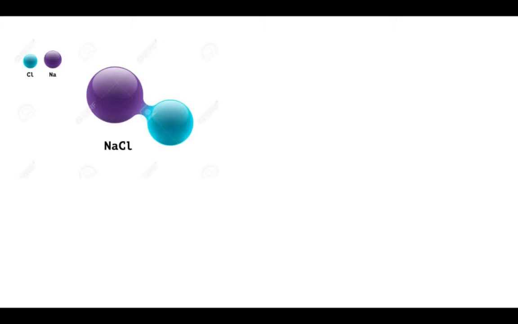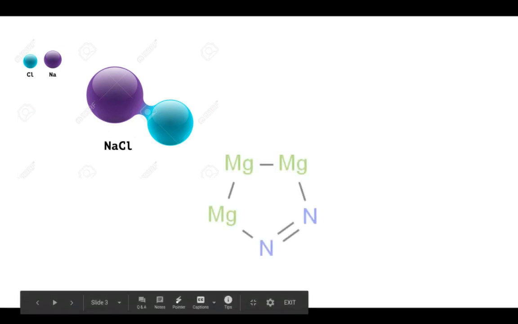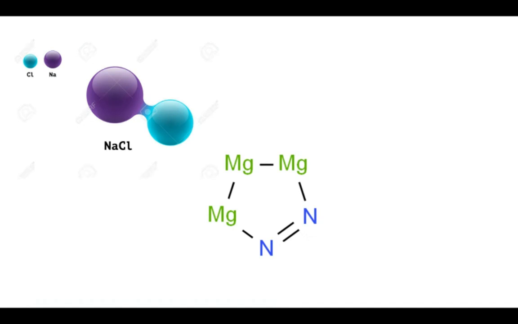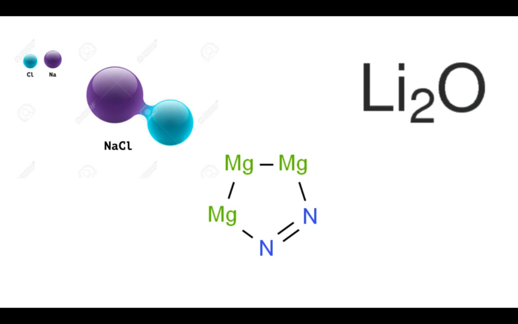Well, these are compounds. A really common compound you know is salt, the salt you have on your food. The symbol for salt is NaCl because you have two ions here, a sodium ion and a chlorine ion. This particular compound is called magnesium nitride. This is lithium oxide. This is potassium hydroxide.